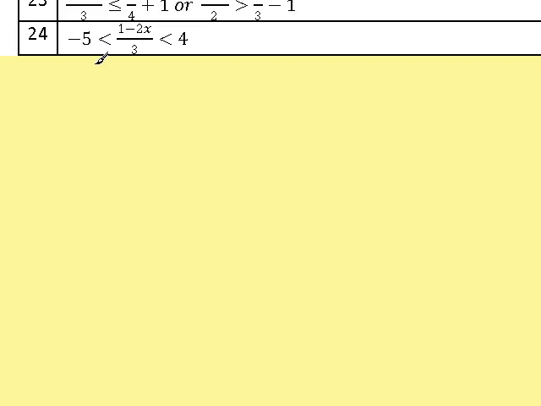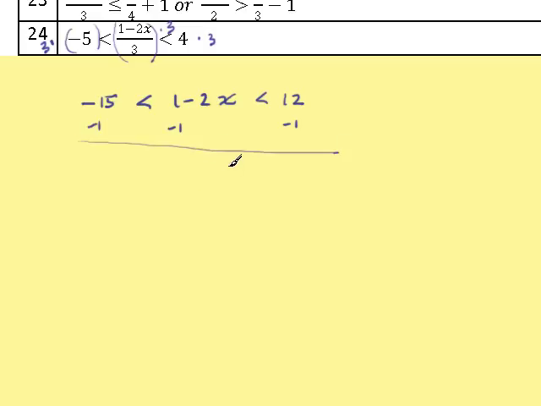We'll start number 24 by multiplying all three sides by 3 to get rid of the denominator in the middle. So on the left we have minus 15 less than 1 minus 2x less than 12. Subtract 1 from 3 sides, minus 2x in the middle.